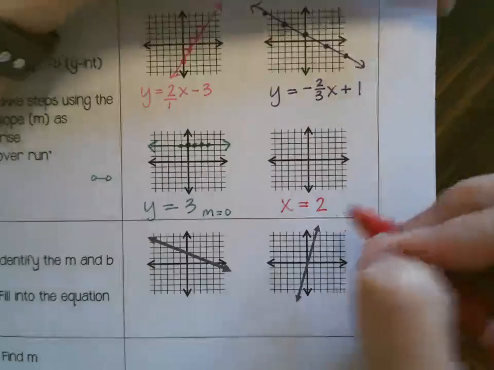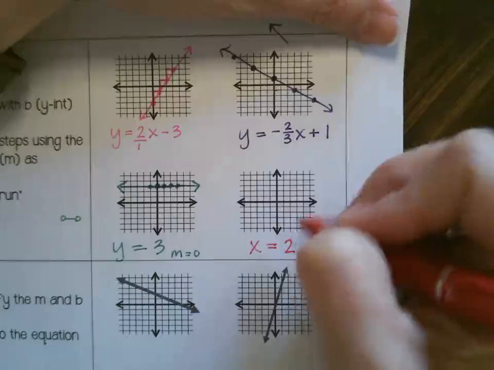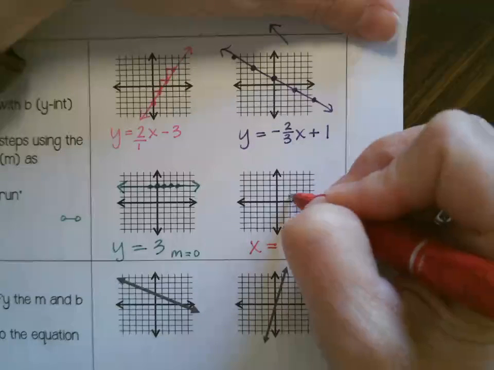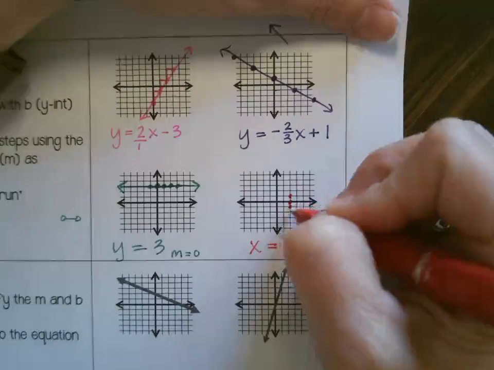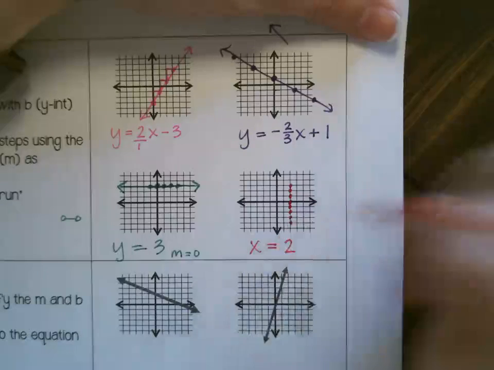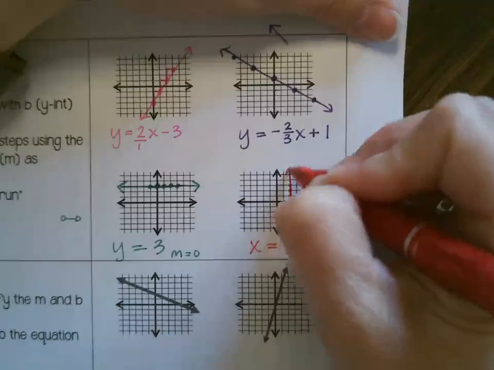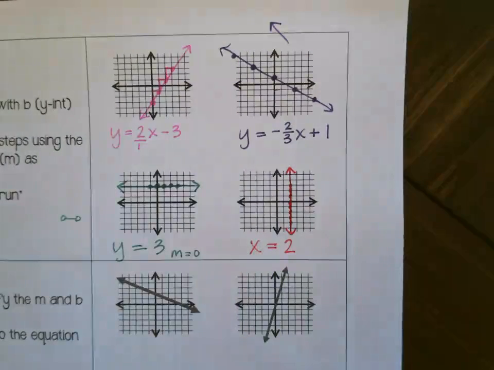And the problem is that it's vertical. So it only hits x at 2. So all of these are points where x is 2. So this has an undefined slope, and so it's a vertical line.